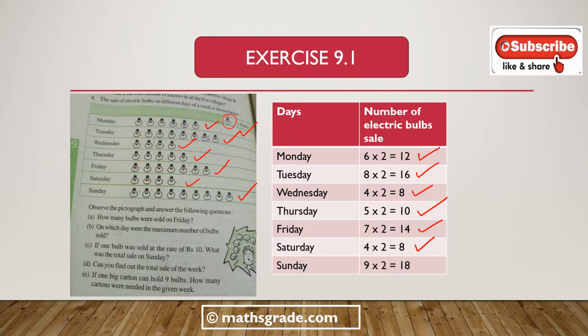On Sunday there are 9 pictograph bulb images, so 9 multiplied by 2 is 18 bulbs sold on Sunday.